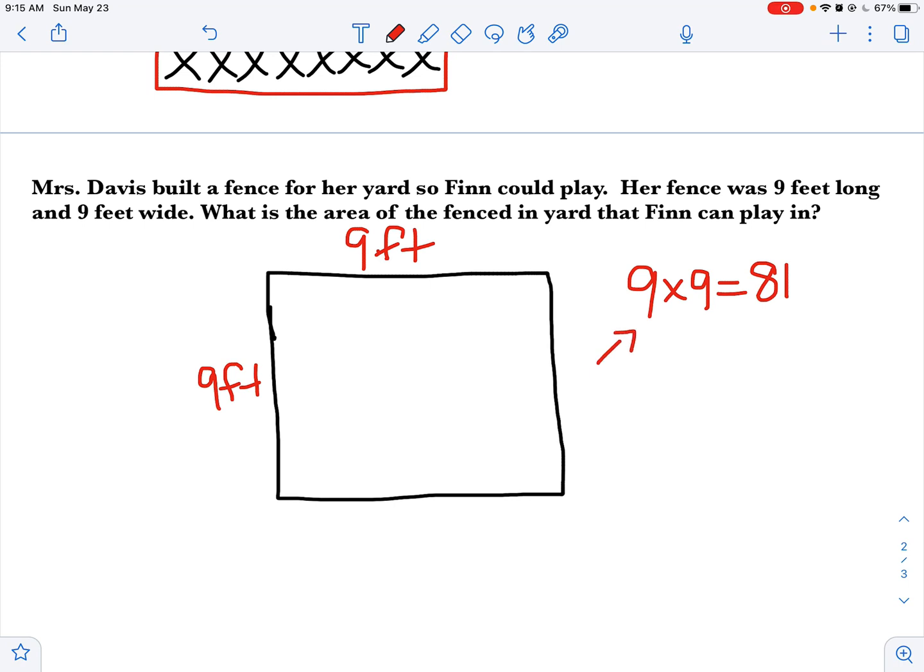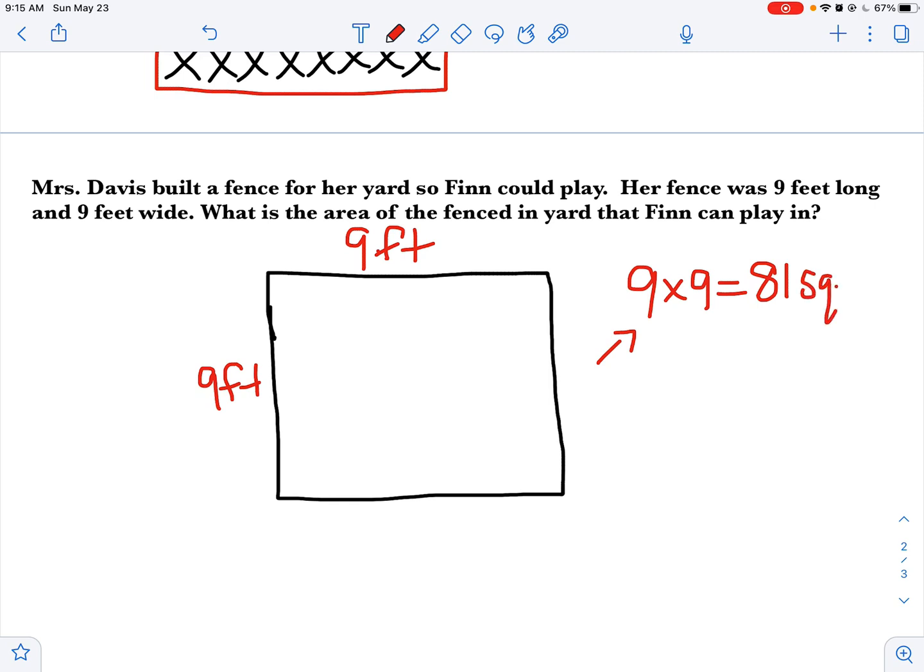So this is not enough. You've got to show me how you know. When you do a word problem that involves area, it's a good idea to show an area model and to label those sides. One quick reminder, when we're talking about area, the unit is in square units. So in this case, he doesn't have 81 feet of yard because that's just a length.